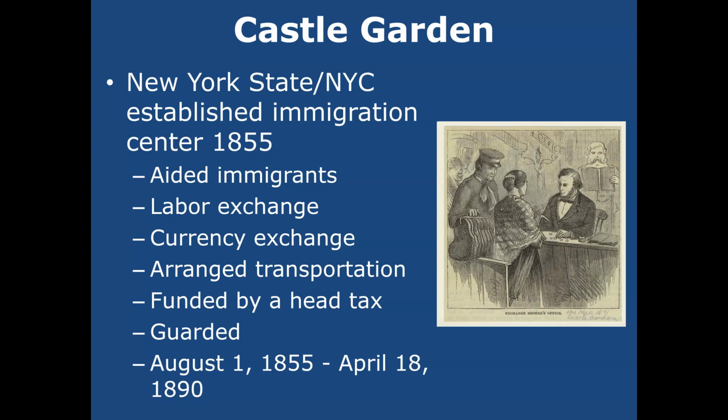And what happened at Castle Garden is the folks there would aid immigrants. They provided a labor exchange for immigrants to try to find work. There was a currency exchange. They helped arrange transportation to wherever it was that they were going next. They had a guarded facility, so they would try to stop these immigrant runners from swindling the immigrants. It was funded by a head tax.